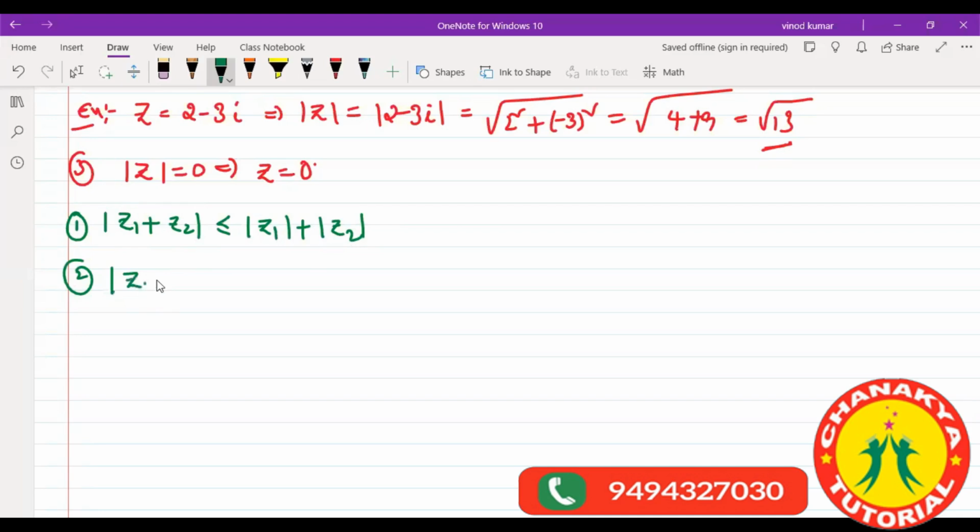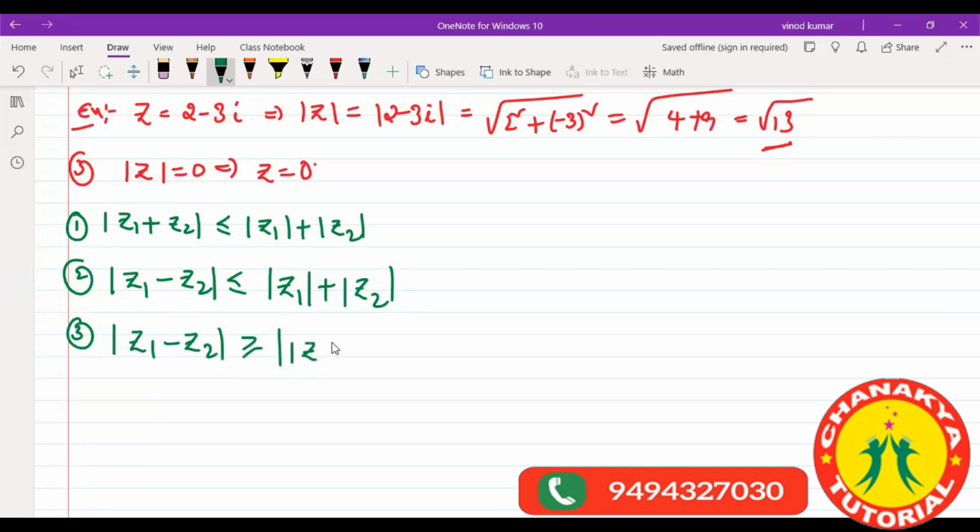Modulus of z1 minus z2 is greater than or equal to the difference of mod z1 and mod z2.